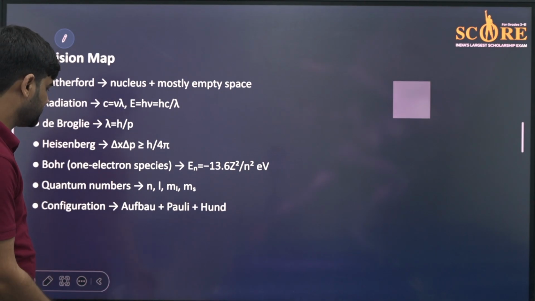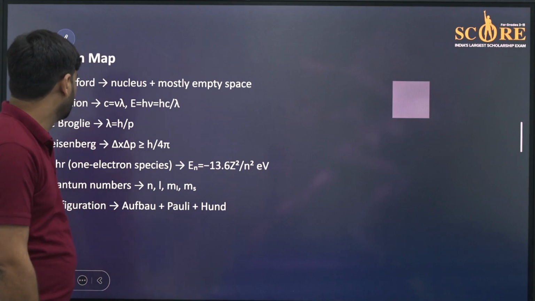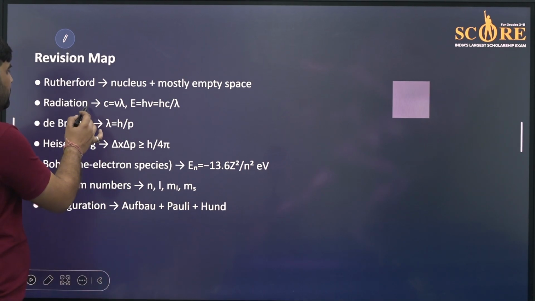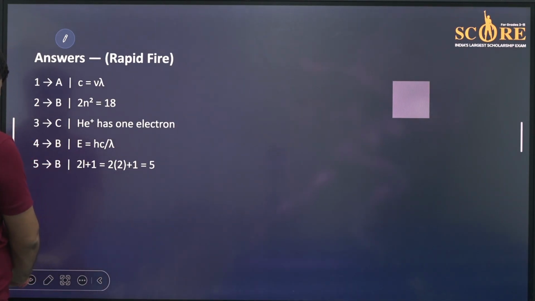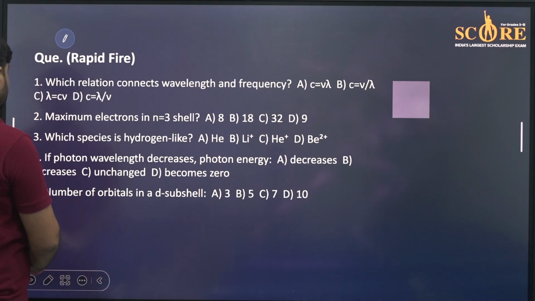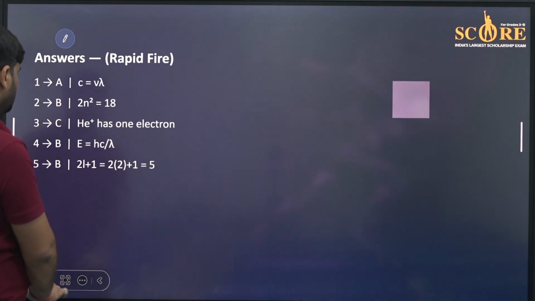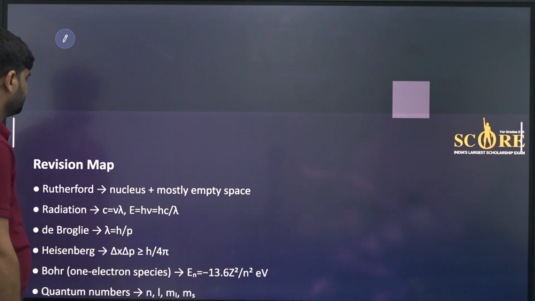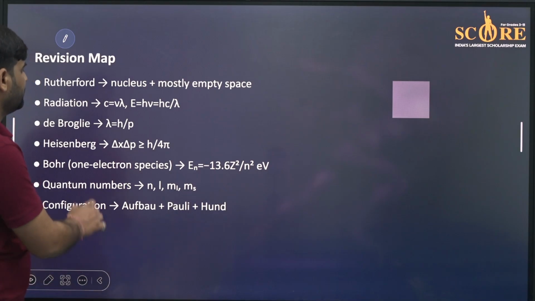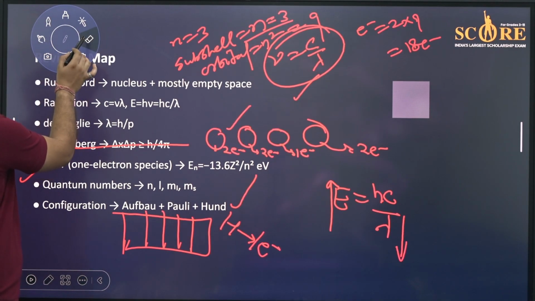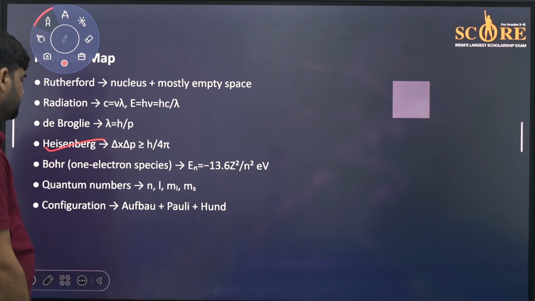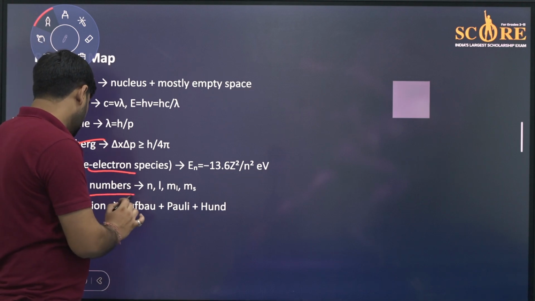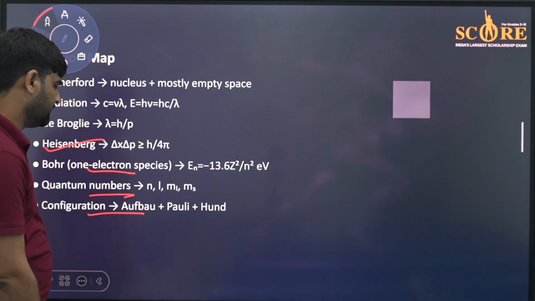What we have discussed in the entire chapter: Rutherford model, radiation, and de Broglie concept, Heisenberg's uncertainty principle, Bohr theories, quantum model, and the 3 rules related to electronic configuration.